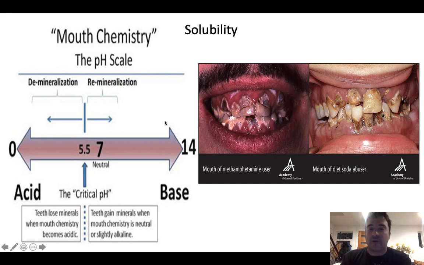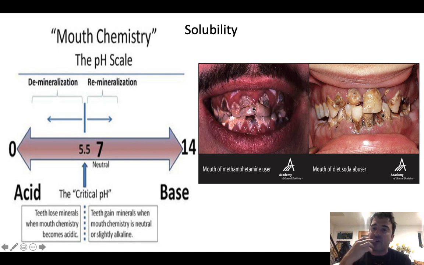You can drink certain juices, etc., without having any kind of negative impact on your dentition, with the exception of the sugars, and that's another discussion altogether. But once you hit this point of what's called critical pH, all of these solutions with a pH below 5.5, or more acidic than 5.5, once you hit 5.5, the enamel in your teeth becomes soluble, right?